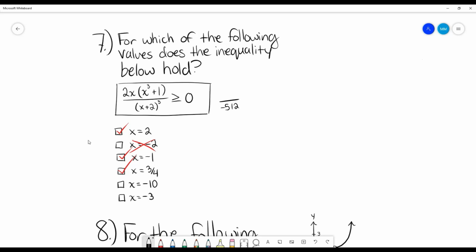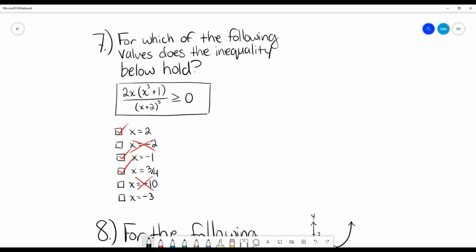Under, negative 10 times 2 is negative 20, times negative 10 to the third, which is negative 1000, plus 1. This is going to be negative. So our top is a positive and our bottom is a negative, which makes the whole thing negative, which makes it less than 0. So it's not greater than or equal to. So this one does not work for us.